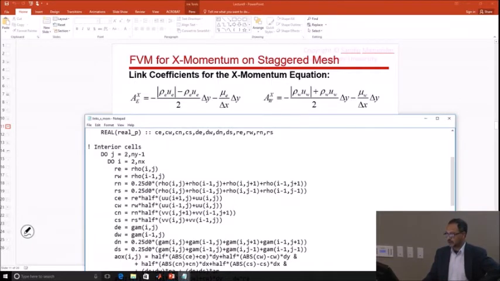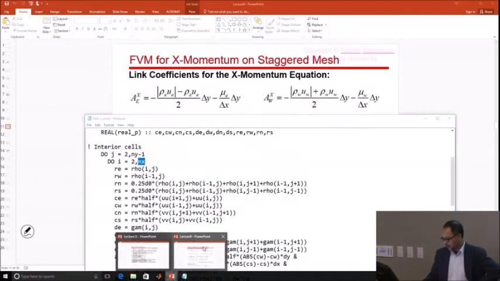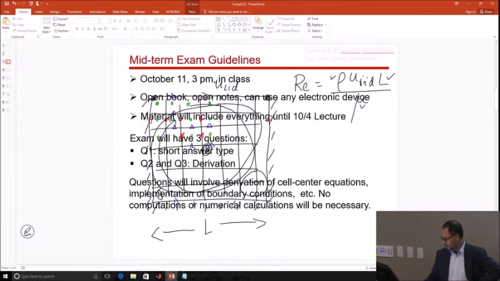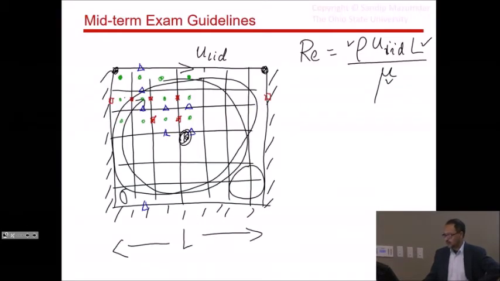And now if you look at your loops, what I'm doing here is going from 2 to nx. If I go back to this figure that I had, I'm going from this node here to this last node here in the x direction, and in the y direction I'm going again from 2 to ny minus 1.